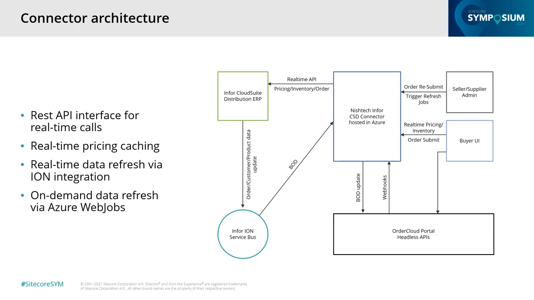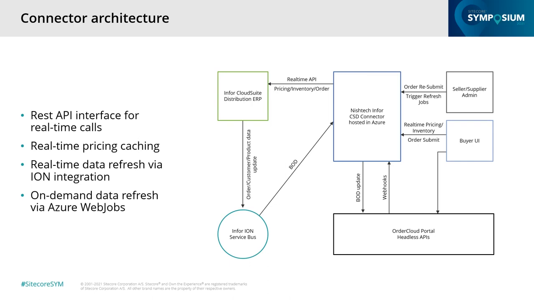In some cases, the connector may fail to create order. In these cases, OrderCloud should create the order but without any ERP order number. Later on, seller admin can resubmit the failed orders from the admin console using the same connector order API.